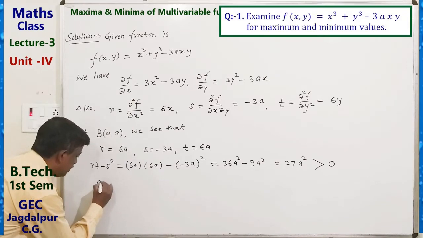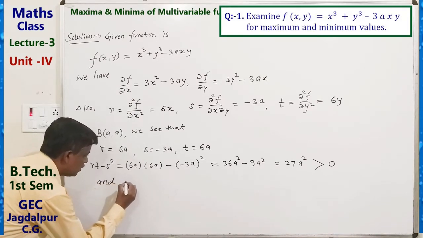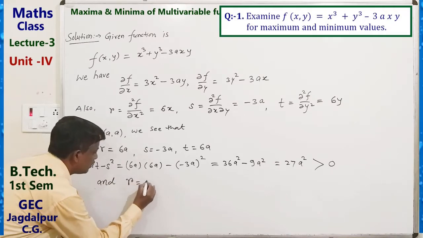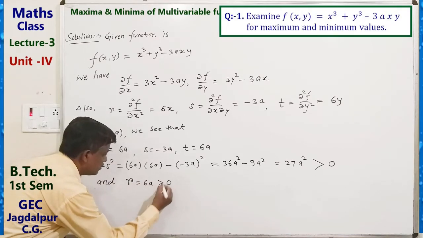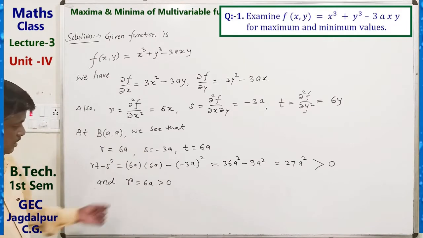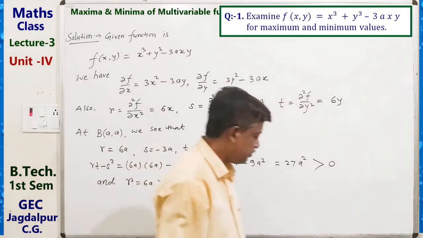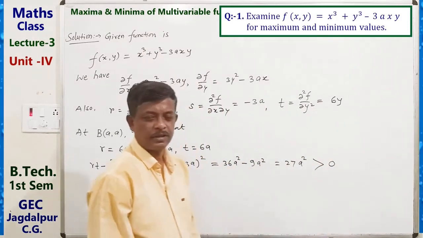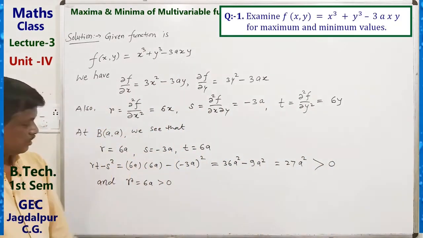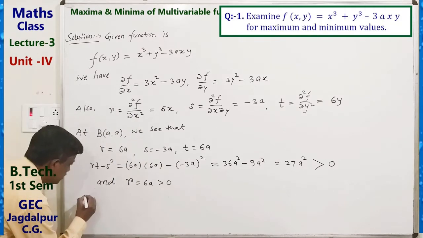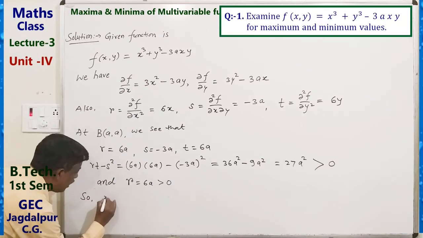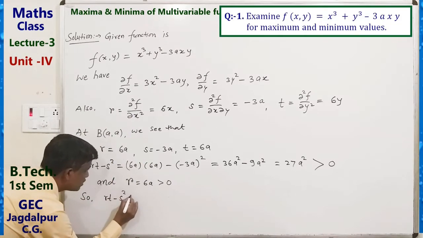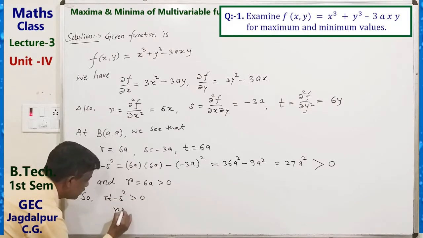And r equals 6a is greater than 0, since a is a positive quantity. So rt minus s square is greater than 0 and r is greater than 0.